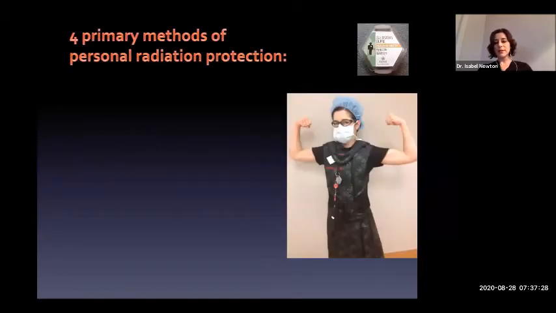So here's an image of me in my lead when I was a fellow. I have a thyroid shield here that drapes over, doesn't go around, which actually helps me. I have some claustrophobia. There is a waist strap that lifts everything off of my shoulders, so I'm not weighed down. You can see my guns. I was working out. I'm wearing my leaded glasses, which help protect my eyes.